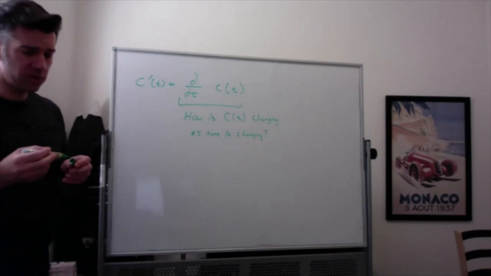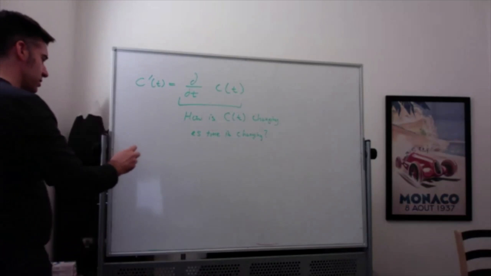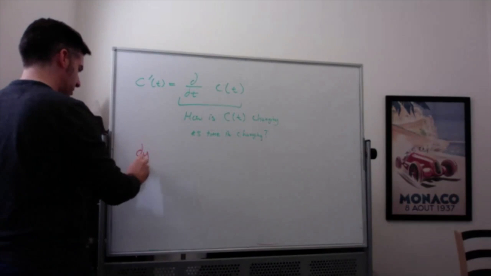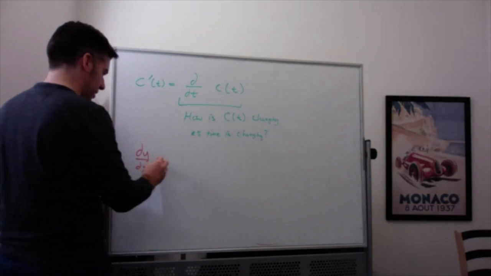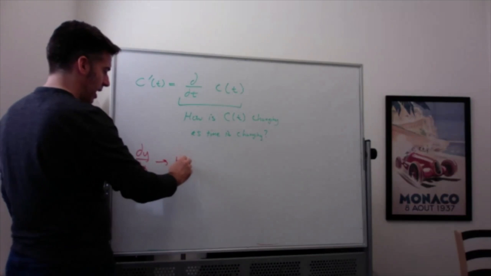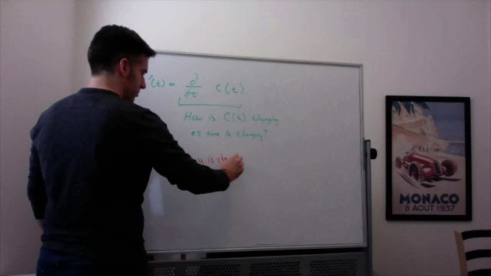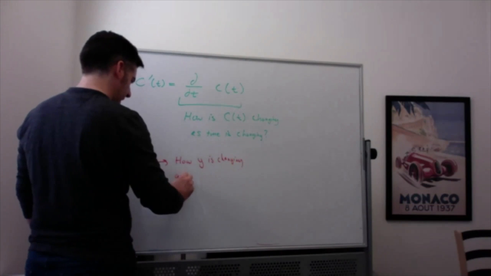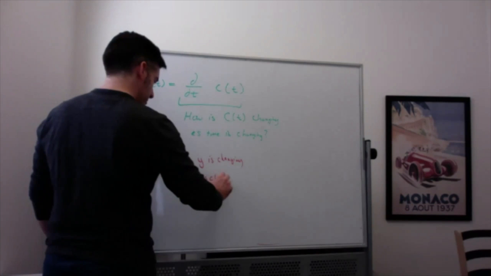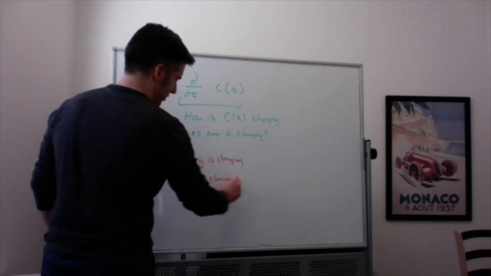In fact, that's what a derivative means in general. So when someone writes dy dx, what they're really saying is how y is changing as x is changing. That's a lot of words for what they really mean.